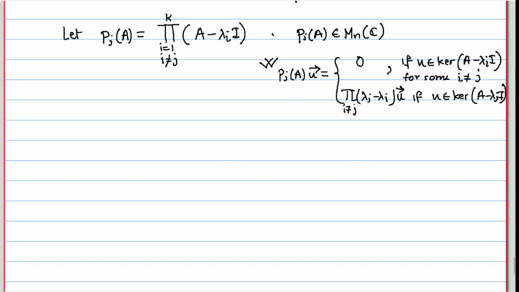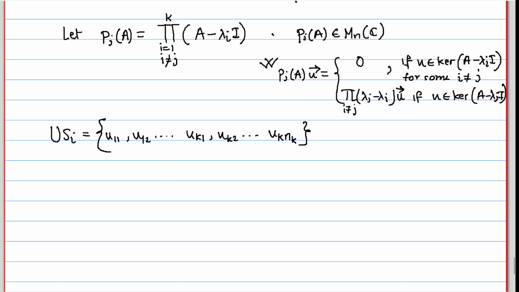Now what we need to show is that the union of S_i is linearly independent. So what are the elements in the union of S_i? You have u_11, u_12, and so on, up to u_k1, u_k2, and so on, up to u_k n_k.